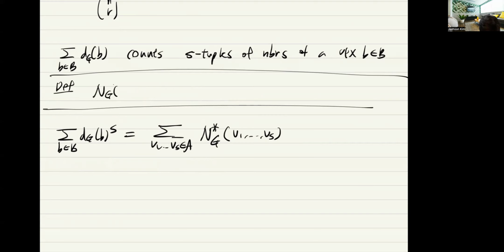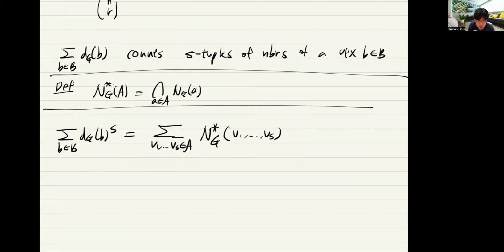When we write the neighborhood of a vertex, this is the union of all the vertices there, and then the union of this neighborhood. It's convenient to consider the intersection. So let's write N star of A, that's the intersection, over any vertex in A, of its neighborhood.